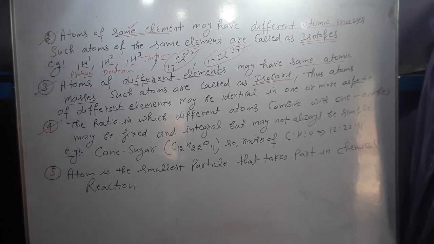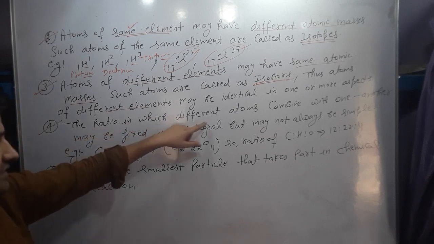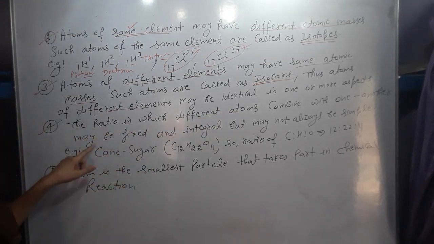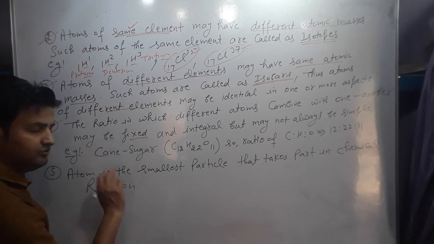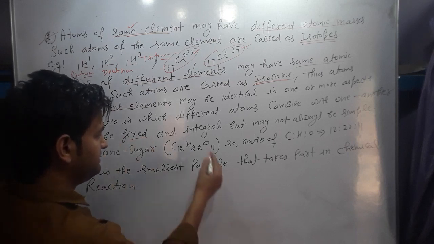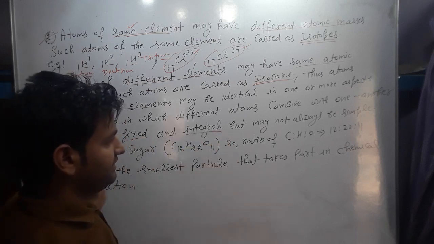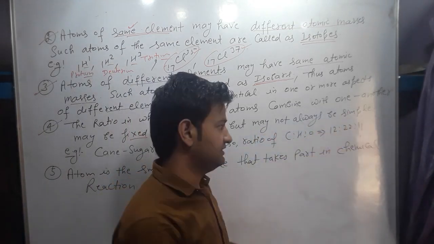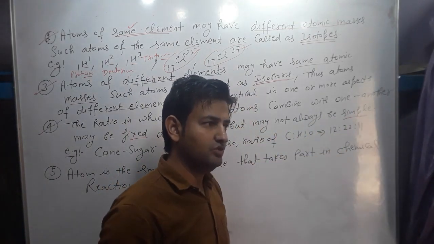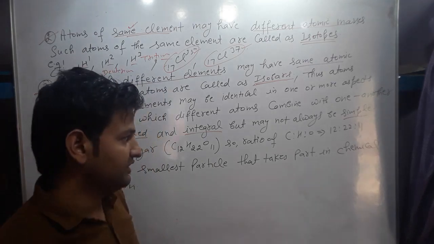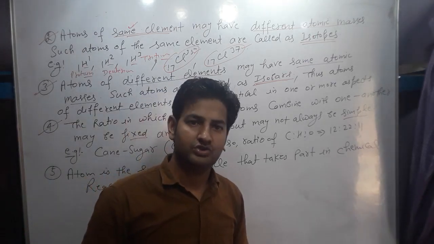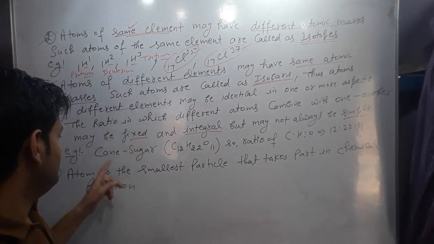Next, our fourth point of the modified Dalton atomic theory is the ratio in which different atoms combine with one another may be fixed. This is according to the Dalton atomic theory. Ratio is fixed and an integral multiple, but may not always be simple. Simple ratio, this is called as 1:2. We have seen in the Dalton atomic theory 1:1, 1:2, 2:1, but it may not be simple.